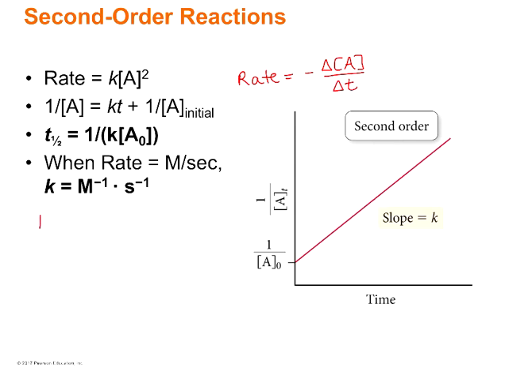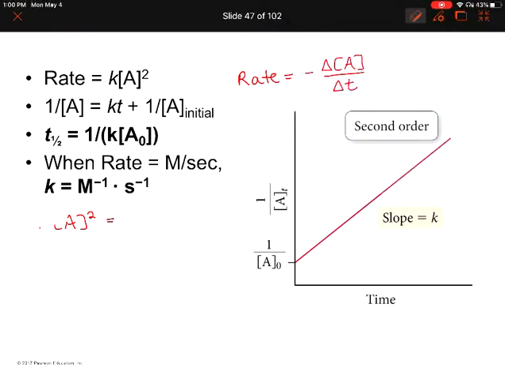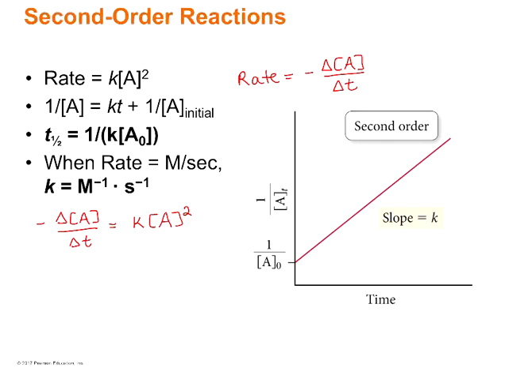So if we set those two rate expressions equal to each other, oh, actually, let me do it the other way. Started with the wrong side. Now we can rearrange this equation, take the integral, and we'll end up with our integrated rate law.